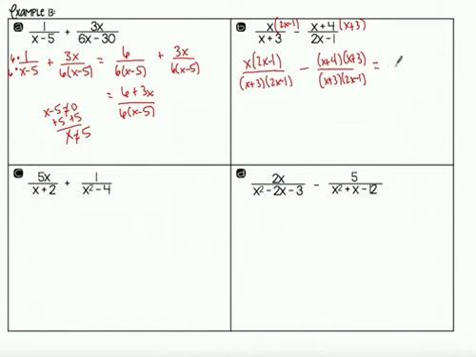So now that my denominators are the same, I would need to distribute here to get 2x squared minus x. And here I would need to do the box. So I would go over to the side and draw my box, x and 4, x and 3.